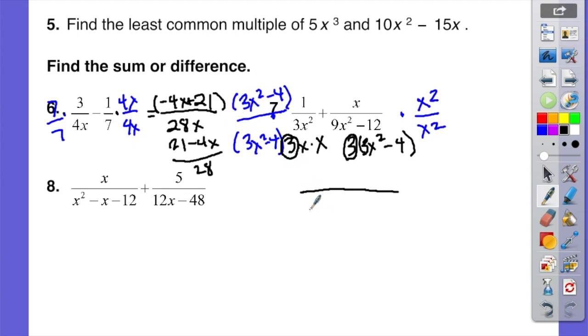So let's do the whole denominator, and I'm going to keep it in factored form. So this is going to be 3x squared times 3x squared minus 4. There's my whole denominator. The 3 is what they had in common.